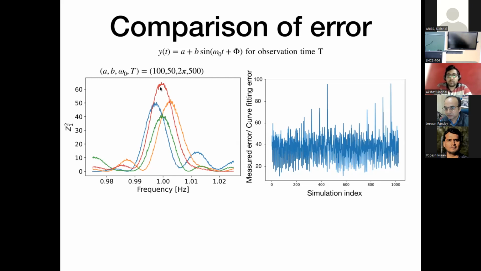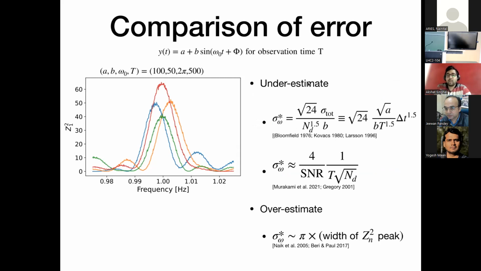If you compare what the curve fitting routine actually returns to the actual deviation of this peak, you will see that the ratio is a couple of orders of magnitude higher, often going as high as 90 times. So the curve fitting routine underestimates the error by a couple of orders of magnitude.